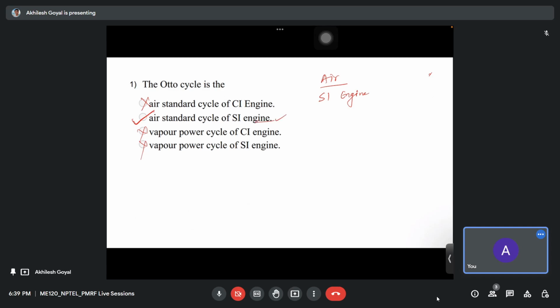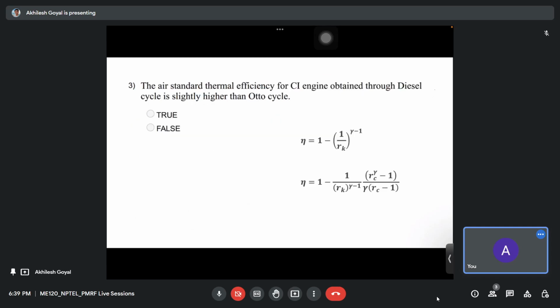Now the next question is, the air standard thermal efficiency for CI engine obtained through diesel cycle is slightly higher than Otto cycle. Okay, so in the last few slides we have talked about it in detail.